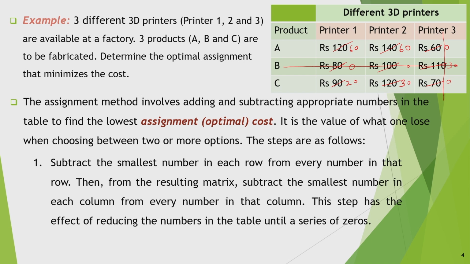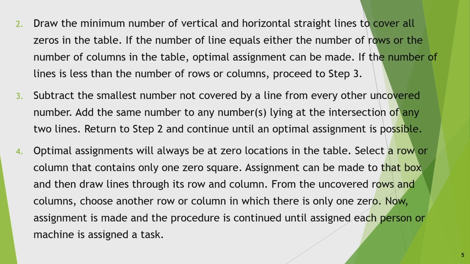Now 2 lines have covered all the zeros, but we need basically 3 lines because we have to assign 3 things. So therefore we have to do the next step also. Okay, we will see what can be done.